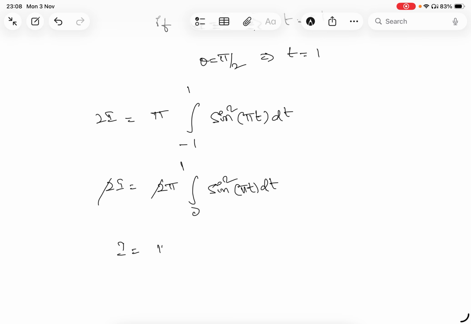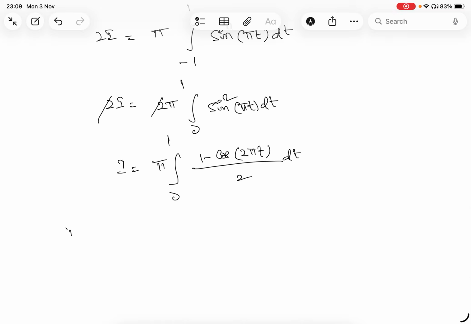This is I equal to pi into integral 0 to 1, where sine square pi t can be written as (1 minus cos of 2 pi t) by 2, dt. Right?